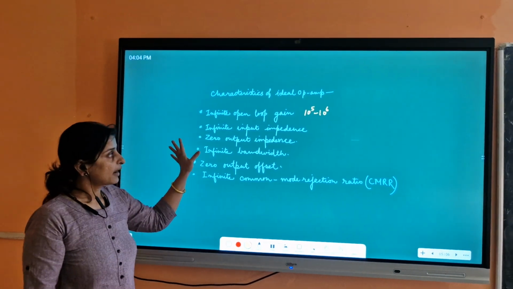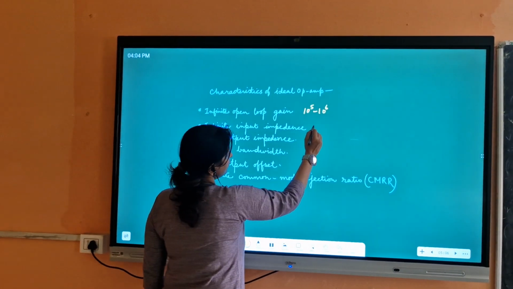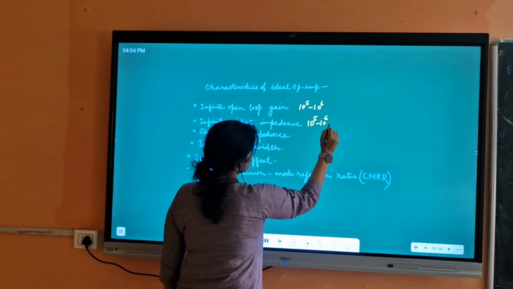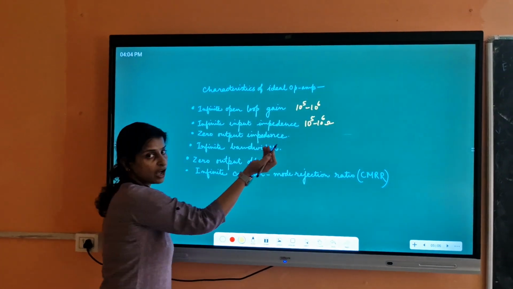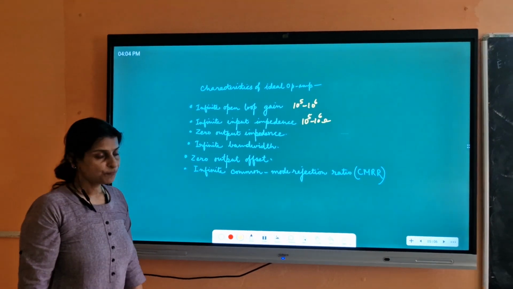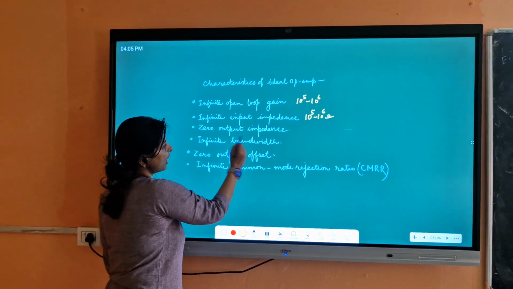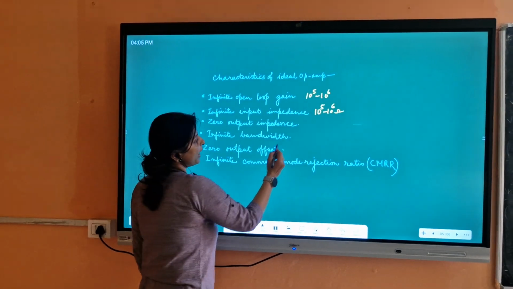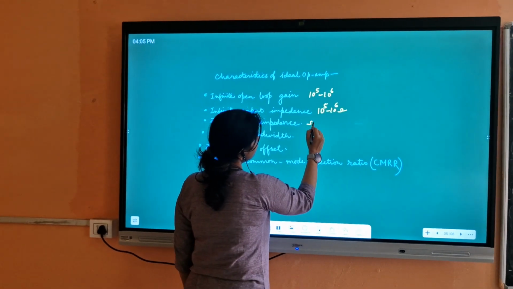But in case of a practical op-amp, we have the input impedance as 10 to the power 5 to 10 to the power 6 ohm, or you can say in the mega ohm range. Zero output impedance: in case of an ideal op-amp, the output impedance is 0. But in case of a practical op-amp, we get only a few ohms.